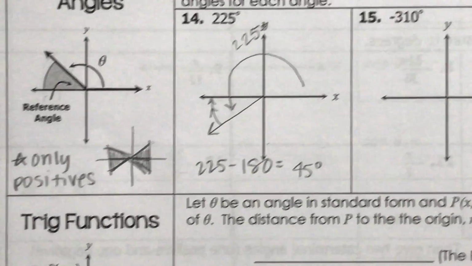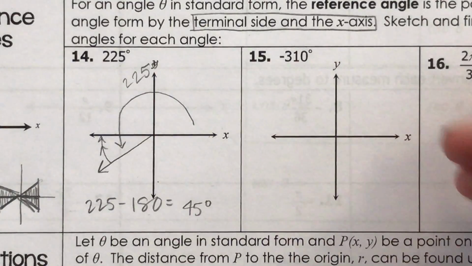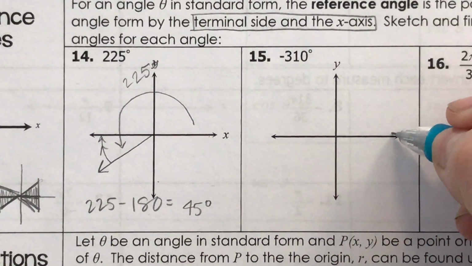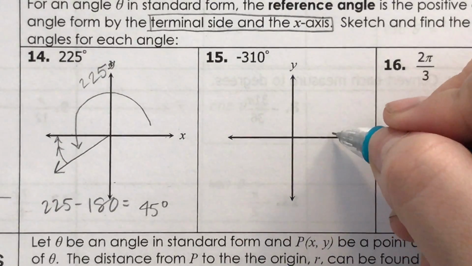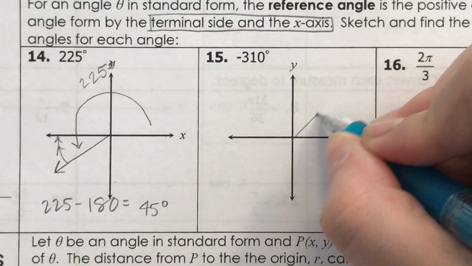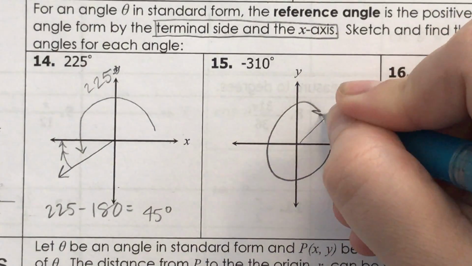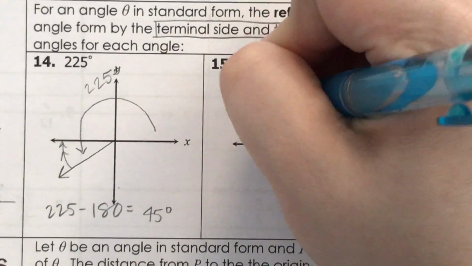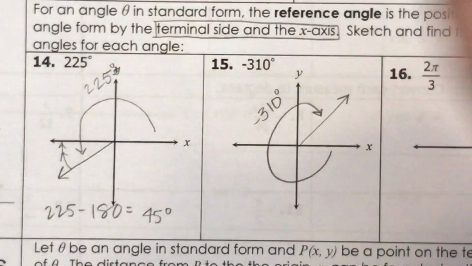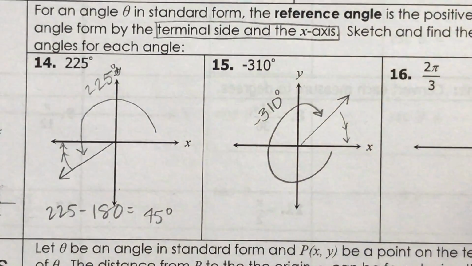Let's do one more example. This time we're going backwards: negative 310 degrees. If negative 360 degrees is right here, negative 310 is going to be about right here. We start there and go backwards. So if that's negative 310 degrees, for our reference angle we would keep going this way.